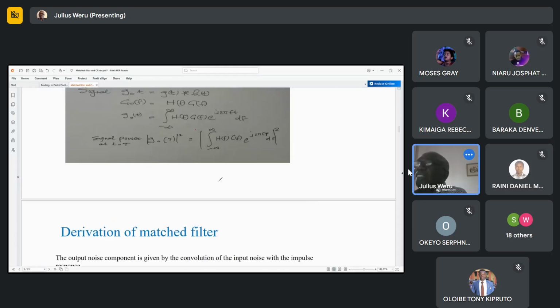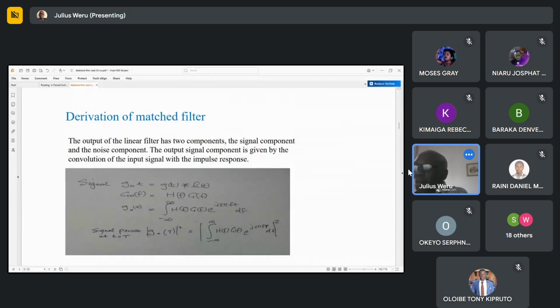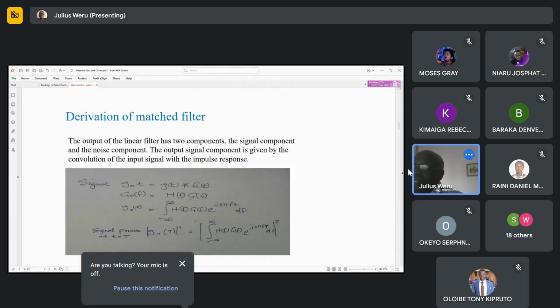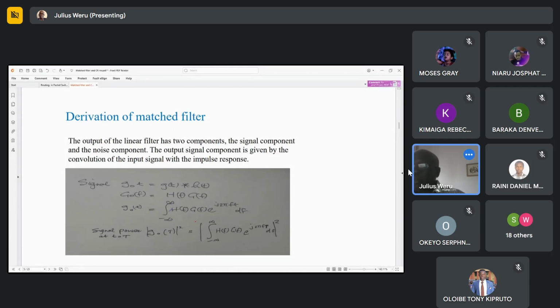You have understood how to get the output of a signal when you know the impulse response. You get the output when you are given the transfer function. You know how to get the output when the signal is random, how you get the output from the impulse response.